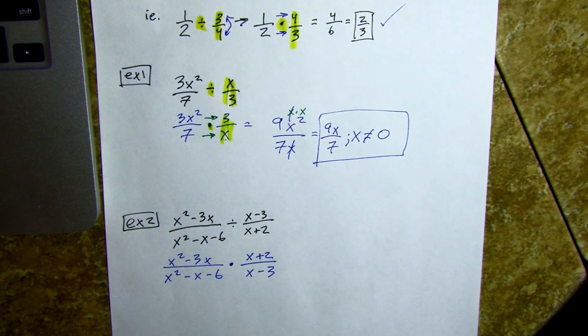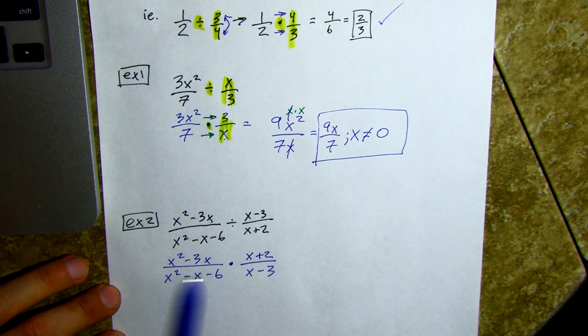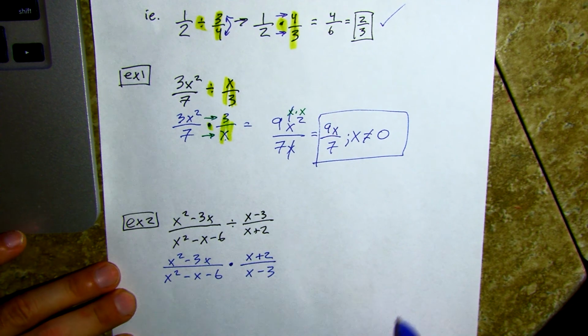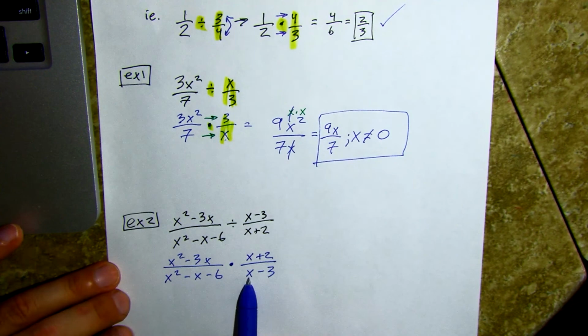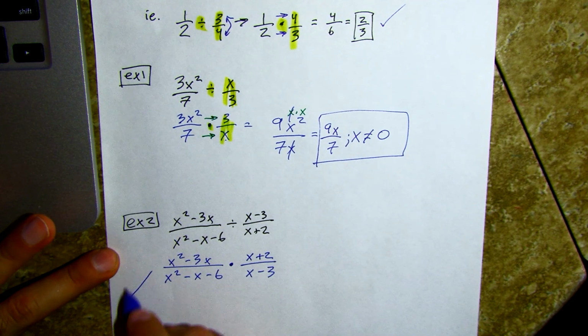So let's factor this trinomial using the x method, and then we'll put all the restrictions. I like to get them all ready. You could be marking x cannot equal 3 because you look here, x cannot equal 3. But let's get them all ready at the same time. So I'm just going to do the x method right next to it.